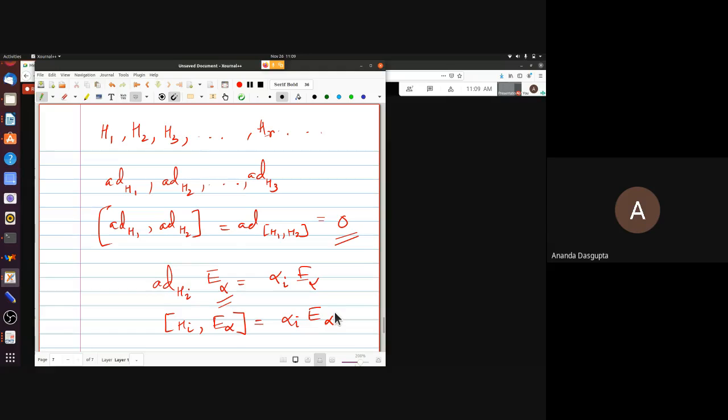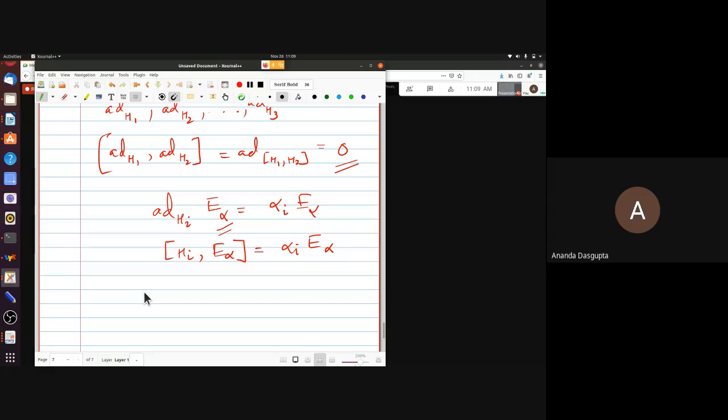And that means this is for a specific case where you're using the generators, but now you can think of it this way: if you think of these operators acting on some vector space, then the H_i's will give you commuting operators, so they will have simultaneous eigenvalues, and the E operators will act as shift operators on them. They will just shift the eigenvalues by the vectors alpha. So alpha 1, alpha 2, alpha r is an r dimensional vector, and things are going to shift in that space.